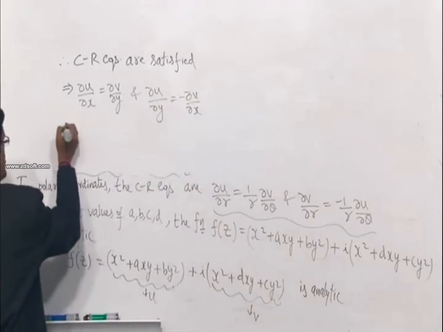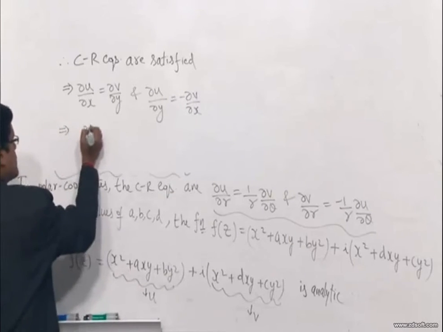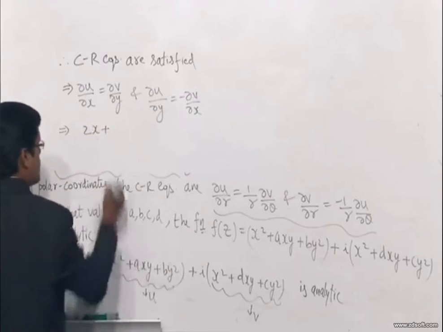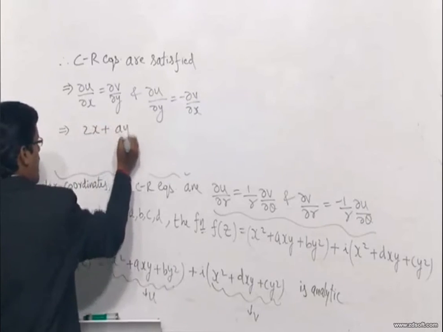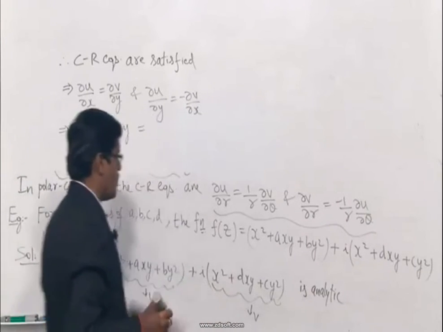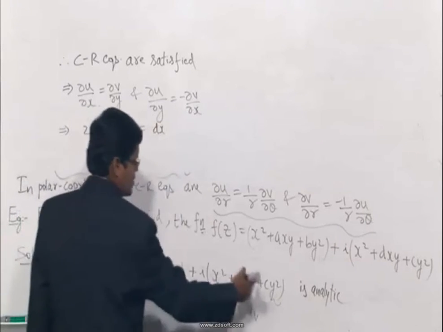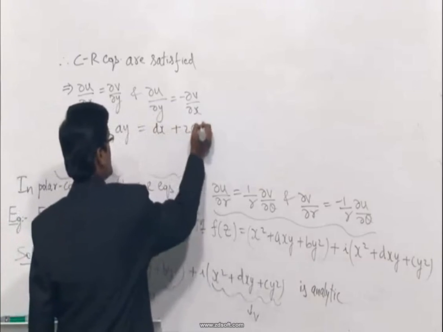So partial derivative of u with respect to x: 2x plus the derivative of this term, ay, and this goes to 0, is equal to v with respect to y partially: x square gives 0, dx with respect to y gives dx, cy square derivative 2cy.